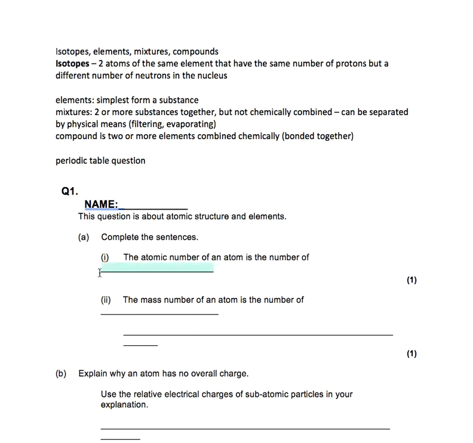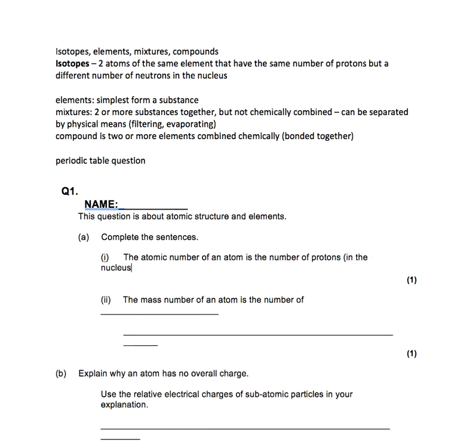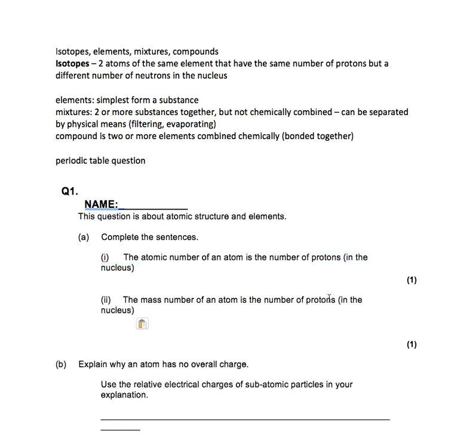First question, what is the atomic number? It is the number of what? Well, it is the number of protons, and again, I would say in the nucleus, just to show that I know. The mass number, well, hopefully you'll remember that that is the number of protons and neutrons. Again, in the nucleus.